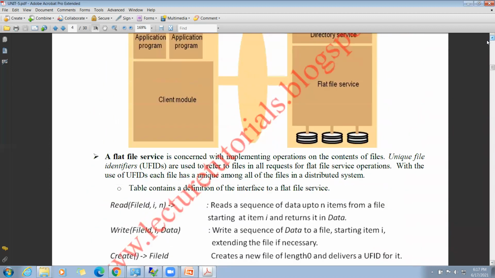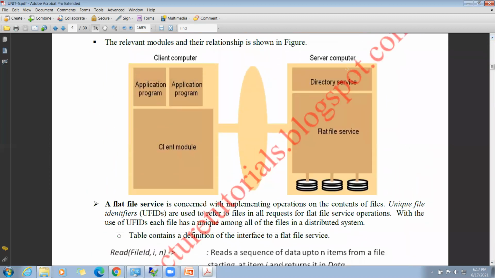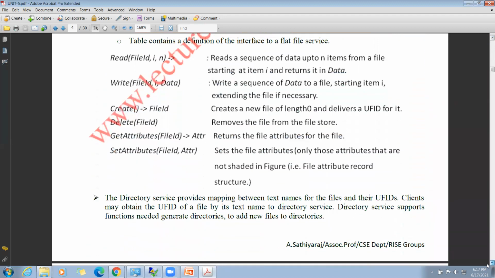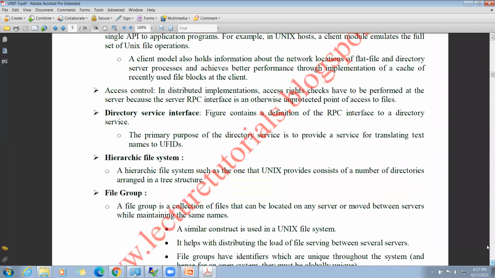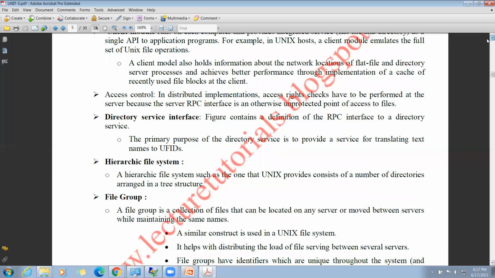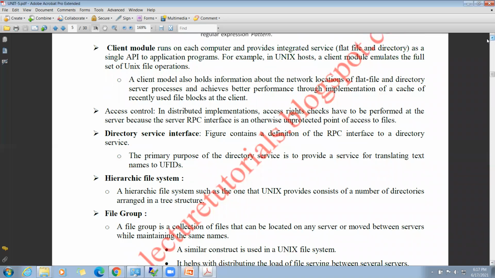In this diagram, in the server computer, we have two services, directory service and flat file service. Together these two are called an integrated service. It provides an integrated service as a single API to the application programs. For example, in Unix hosts, a client module emulates the full set of Unix file operations.